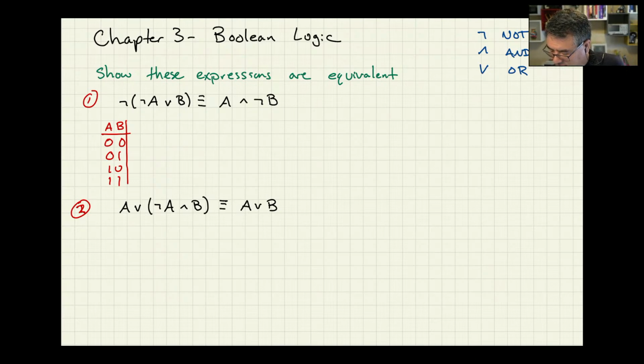You can kind of think of the not as being kind of like negate. And is kind of like multiply, and or is kind of like add. And in fact, those operations are very similar to each other, not only in terms of order of operations, but actually in what they do.